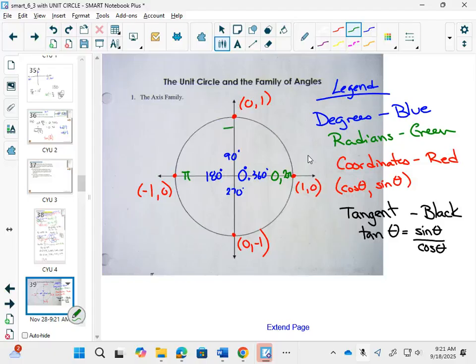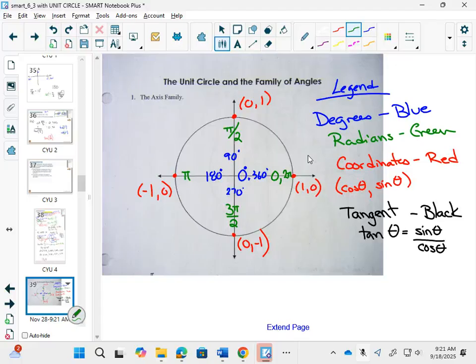Half of pi, pi divided by 2, would be the same as 90 degrees. And if this is pi over 2, does it make sense if you count by pi over 2s? 1 pi over 2, 2 pi over 2. This will be 3 pi over 2 at 270 degrees. So now you can do mathematics with radians in your head.